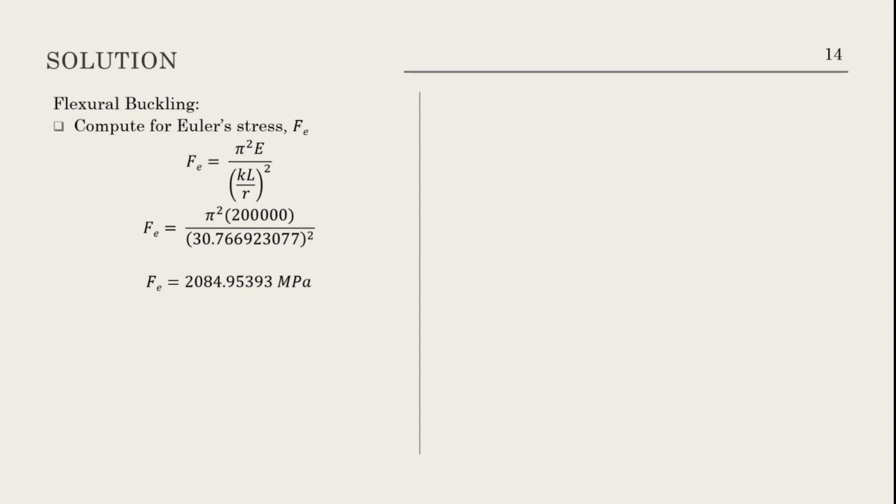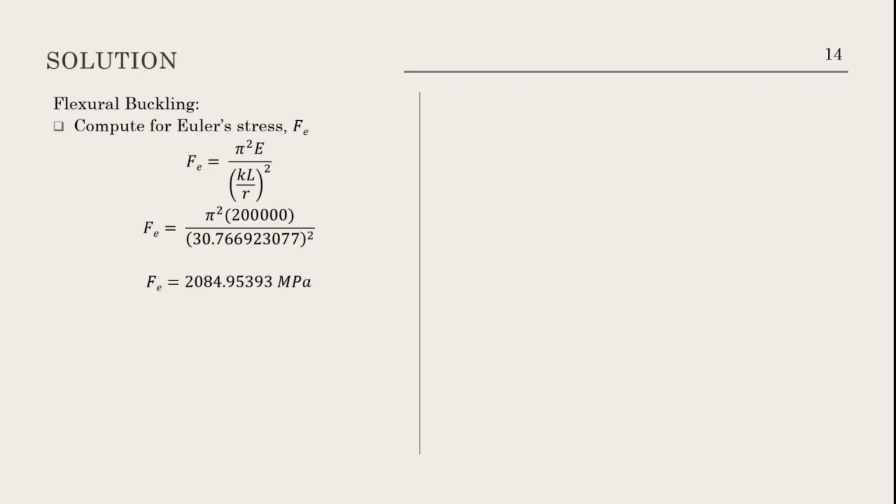So we are sure that Fy over Fe will be less than 1, right? Because 345 divided by 2084, kasi mas mababa si 345 kay 2084, so most likely ang ratio nila less than 1. So if the ratio is less than 1.0, it also means that the ratio is less than 2.25.